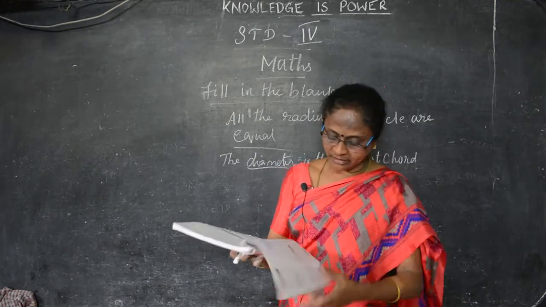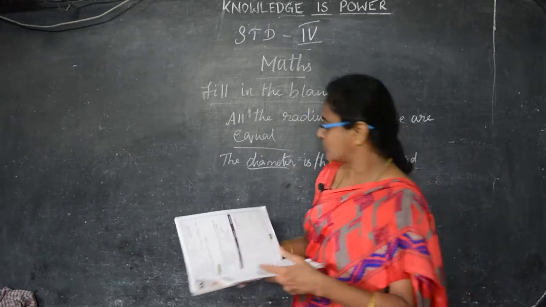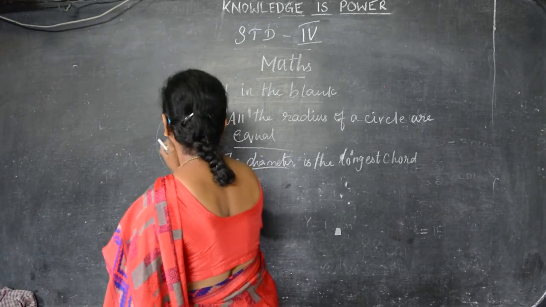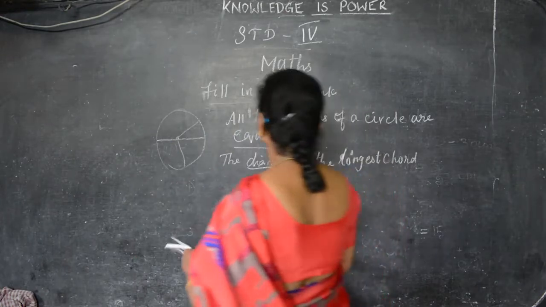Then a line segment joining any point on the circle to its center is called radius. I said the line segment in a circle. This is the line segment joining any points, is called the radius of the circle.